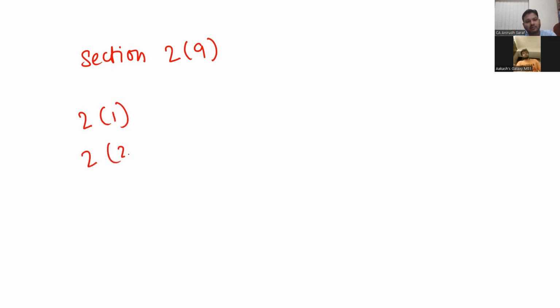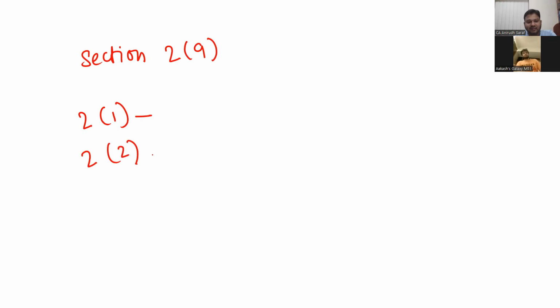Assessment year, this definition is given in section 2, subsection 9. Remember I told you section 2 is for definitions. Within that you have many definitions, like 2 in bracket 1, 2 in bracket 2.